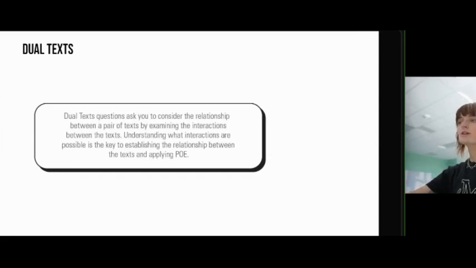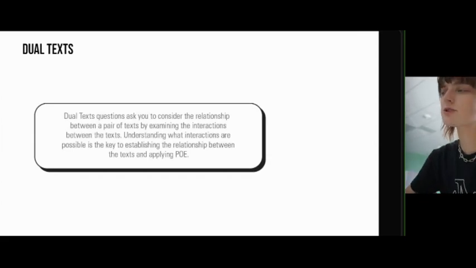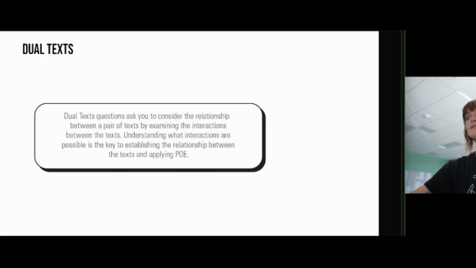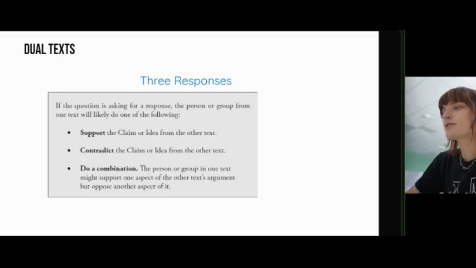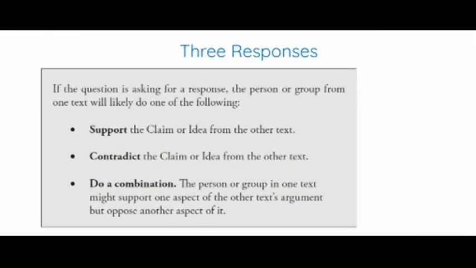Dual text questions are going to ask you to consider the relationship between a pair of texts by examining the interactions between the texts. Understanding what interactions are possible is the key to establishing the relationship between the texts and applying POE. If the question is asking for a response, the person or group from one text will likely do one of the following.